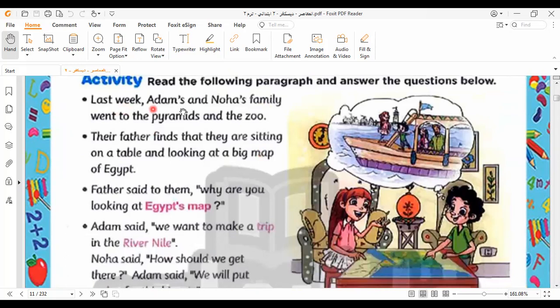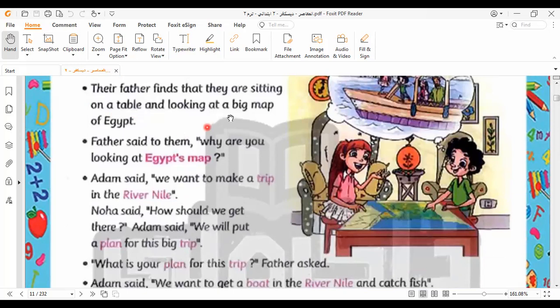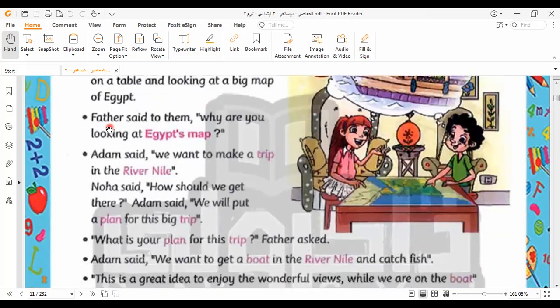Last week, Adam and Noah's family went to the pyramids and the zoo. Their father finds that they are sitting at a table and looking at a big map of Egypt. This is the tool we use to know the directions and places that we go to.